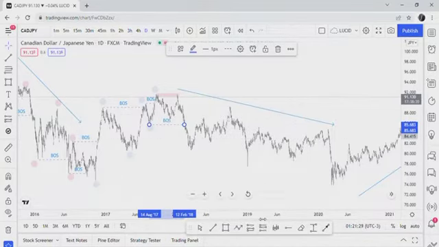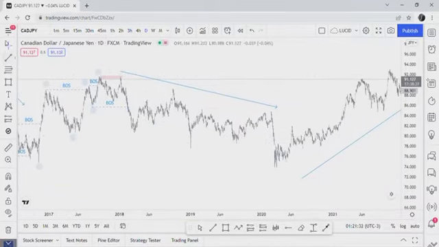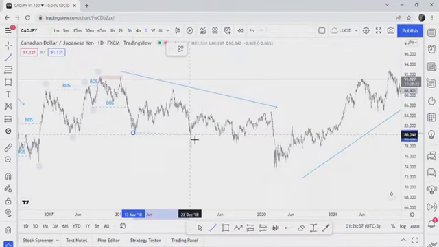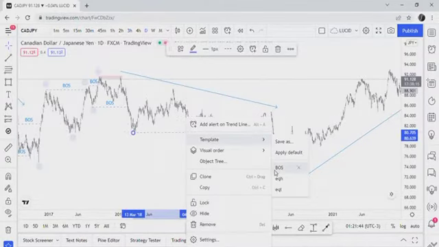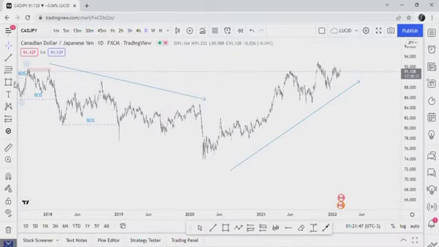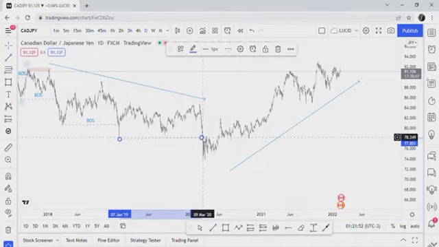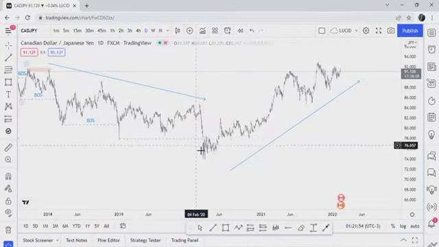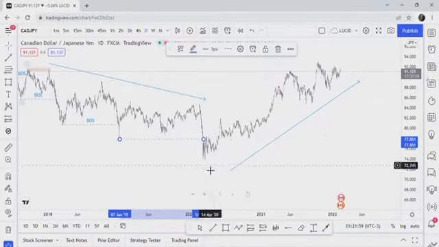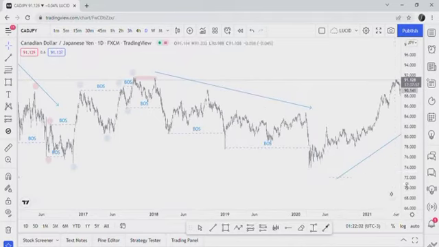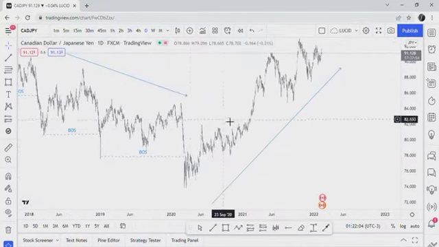Break of structure to the downside, structural break to the downside, structural break to the downside, structural break to the downside, right?